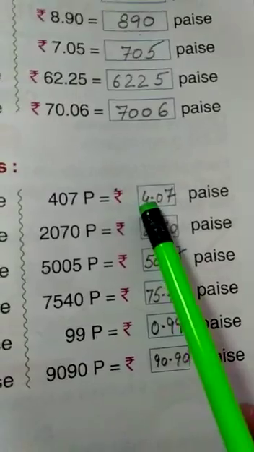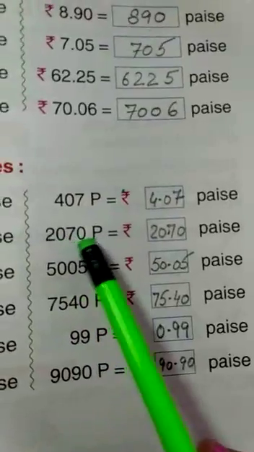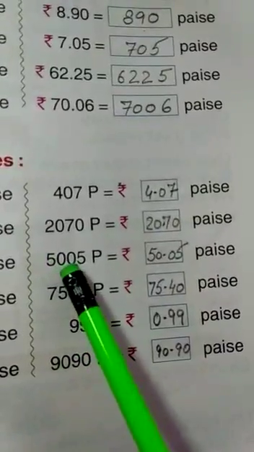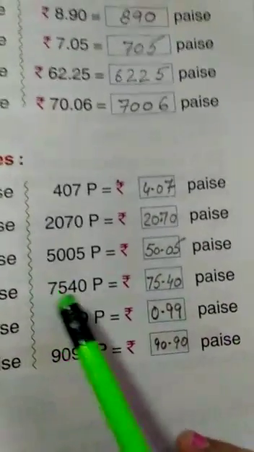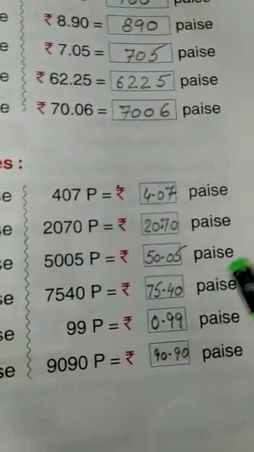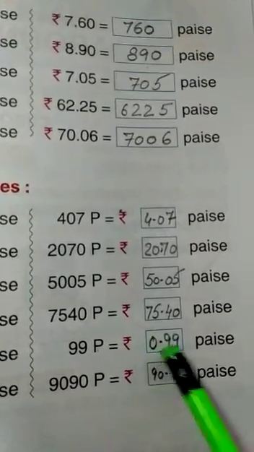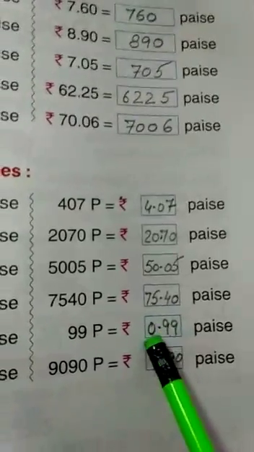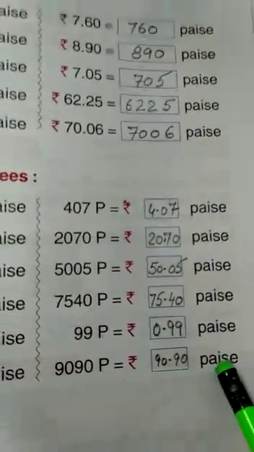The remaining number will be the rupees. 2070 paise will become rupees 20.70 paise. 5005 paise will become rupees 50.05 paise. 7540 paise will become rupees 75.40 paise. 99 paise will become rupees 0.99 paise. Two digits from the right hand side, put the decimal and write 0. 9090 paise will become rupees 90.90 paise.